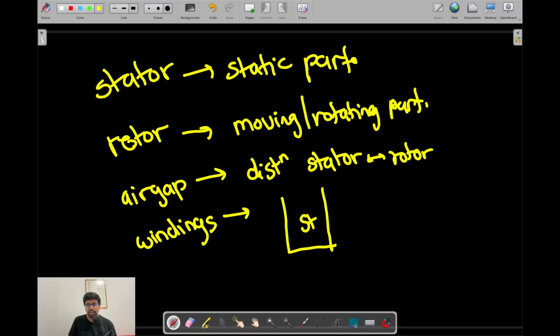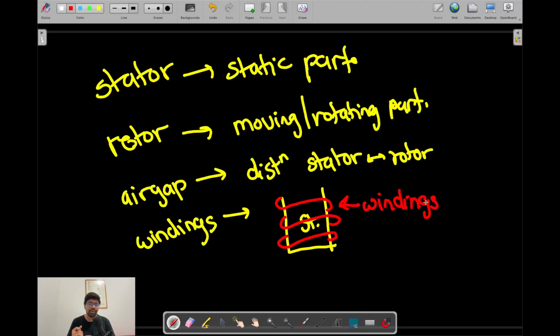So this is my stator, and on top of the stator, you have these coils. These turned up wires and coils are basically the windings of the motor. So these are the terms that you will be seeing frequently whenever a motor is mentioned.